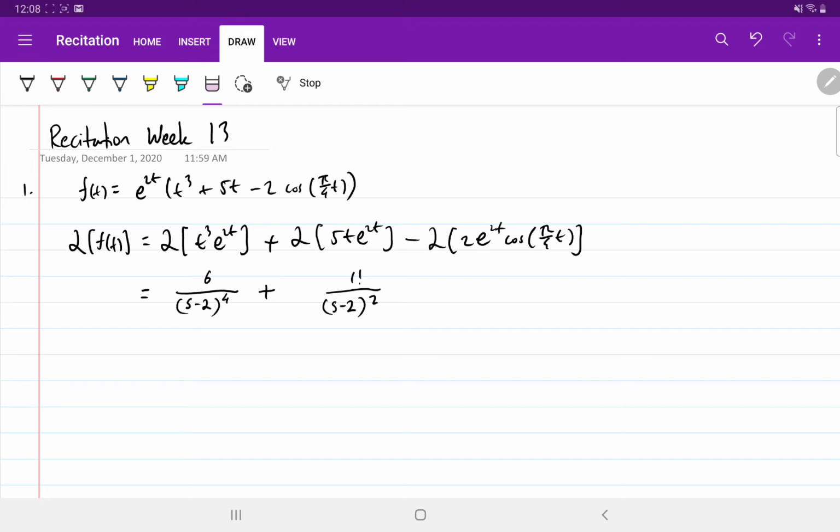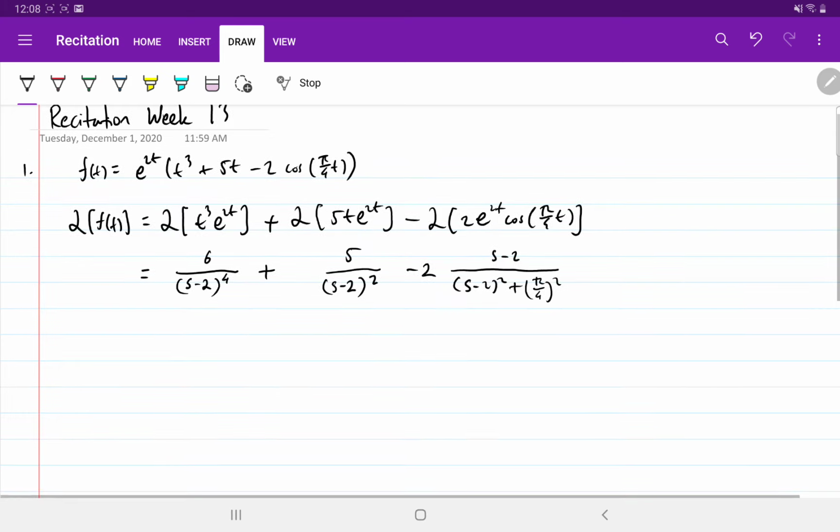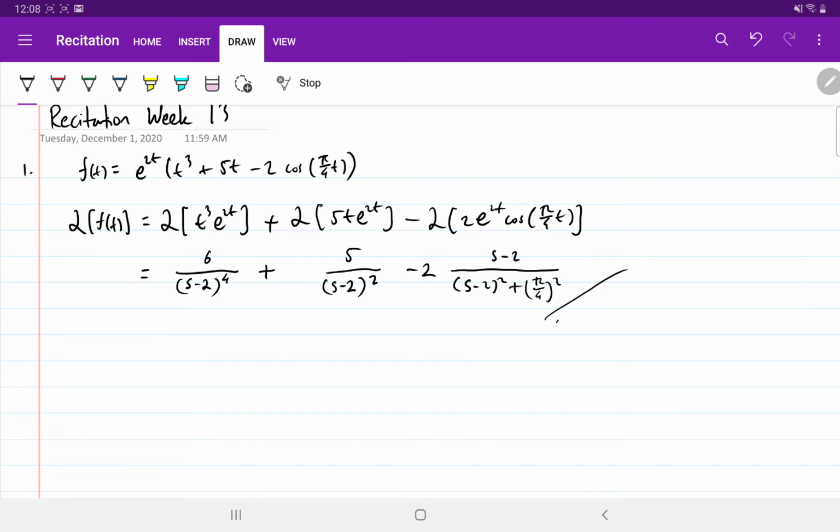Okay, so that's just 5. And then right here we have minus 2, and from the table we have s minus 2 over s minus 2 squared plus pi over 4 squared. Okay, so that's the answer. This is equivalent to F of s.